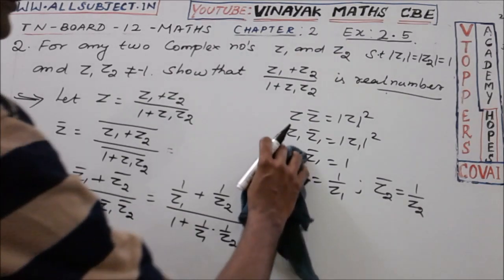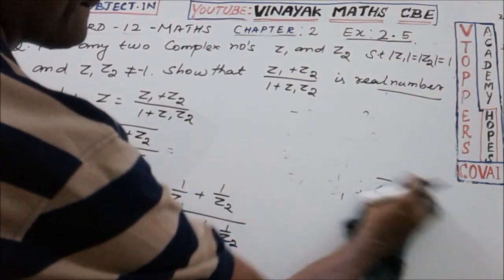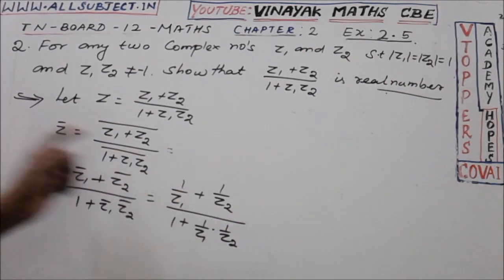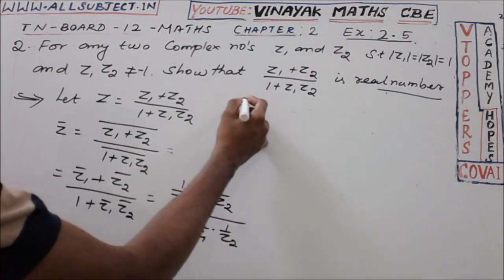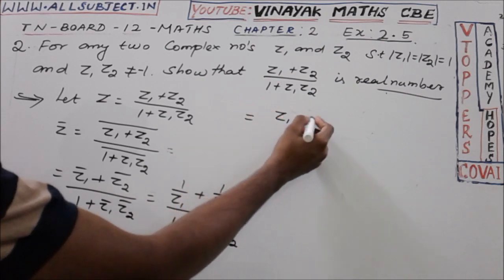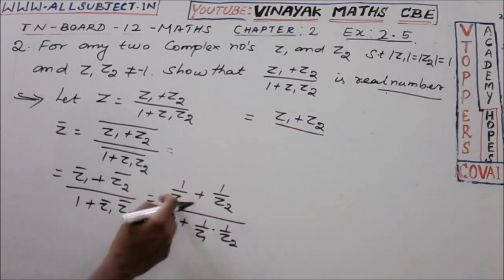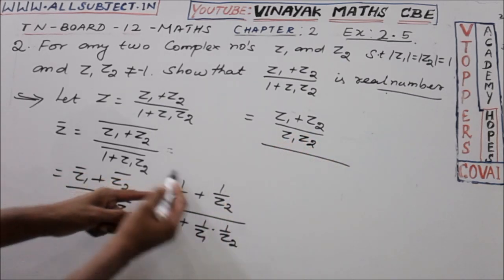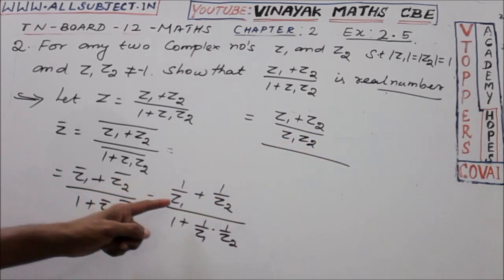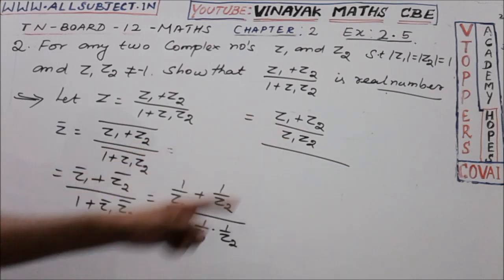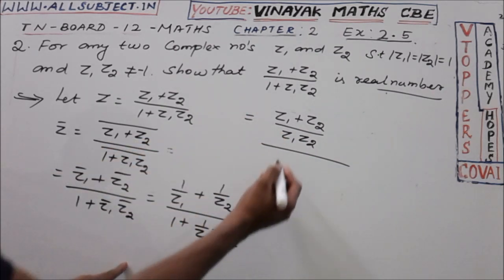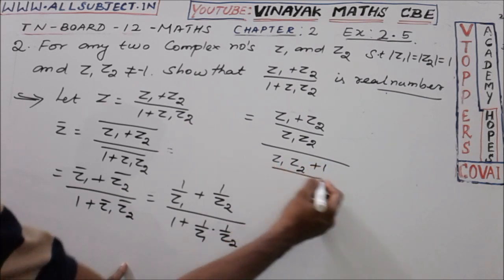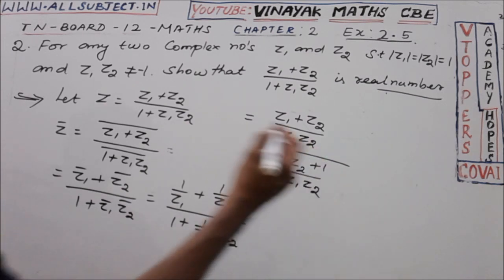By taking LCM, (z1 plus z2) divided by z1 z2, whole divided by, taking LCM here, (z1 z2 plus 1) by z1 z2.